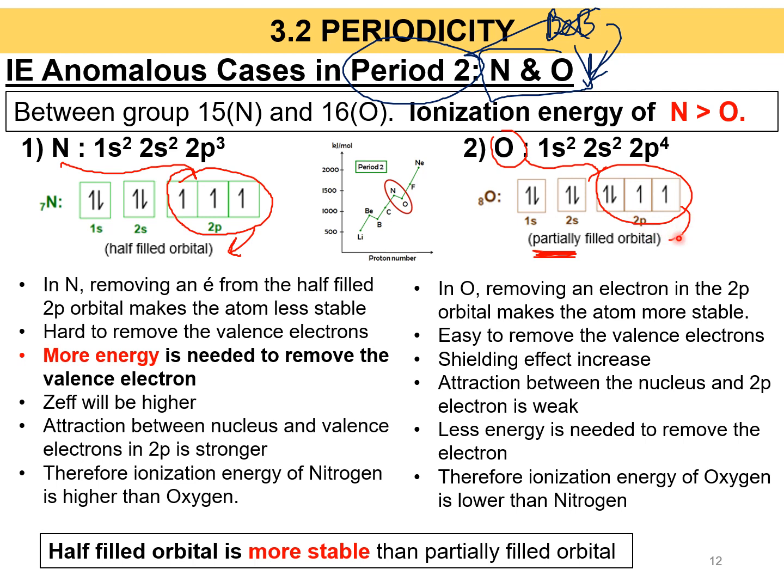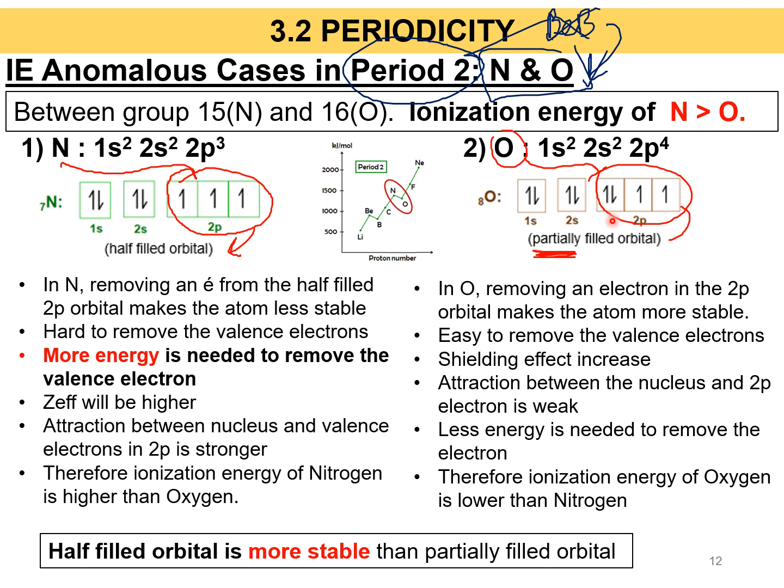Okay, if you look at oxygen, if you remove one electron from the valence electrons of this oxygen, just one of them, it becomes partially filled.